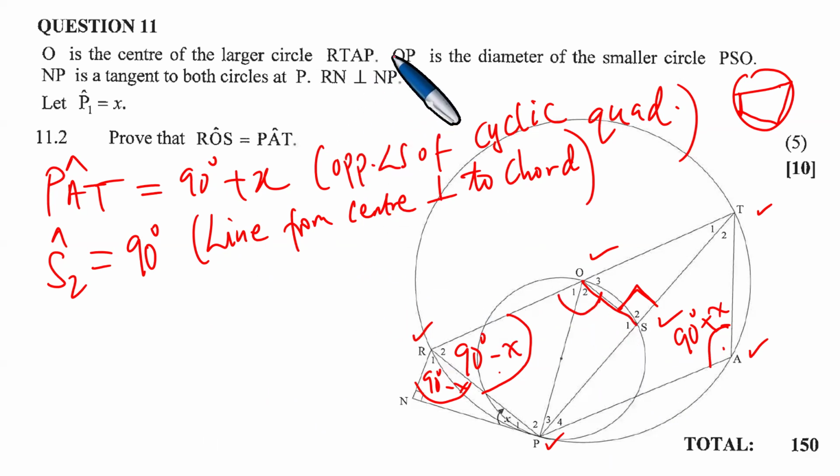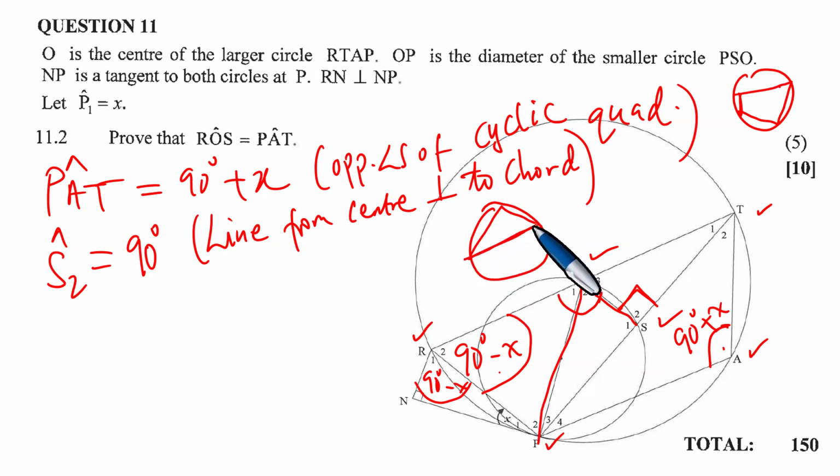I also want to mention that OP, this one, is the diameter of the smaller circle. In mathematics, we always say that a diameter subtends an angle of 90 degrees. Learn this, because most of you are still learning geometry.